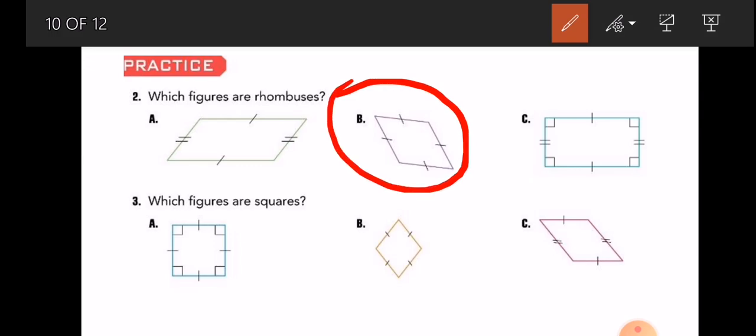Which figures are squares? Also the squares, all the sides are equal. Each two opposite sides are parallel and equal. And we have one more important characteristic for the square: it has four right angles. So this one, letter A.